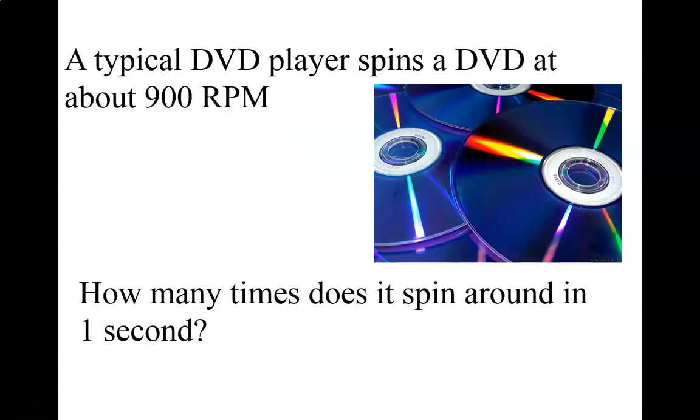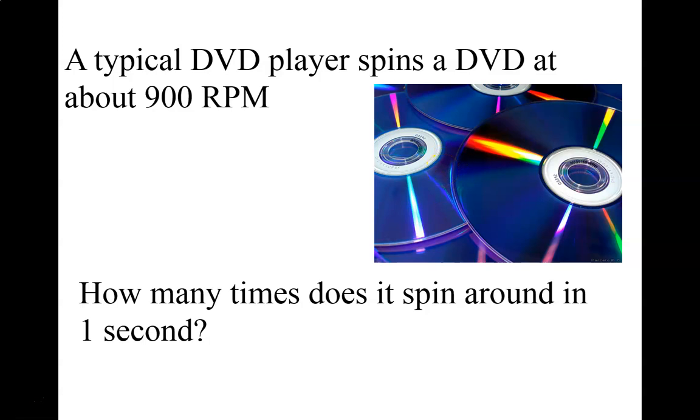Okay. DVDs, which are dying media now, operate at about 900 RPMs. So we could convert that into rotations per second if we wanted to, by dividing by 60, and that would give us the rotations per second. What would that be? 900 divided by 60, 15 rotations per second. So that's spinning pretty good.